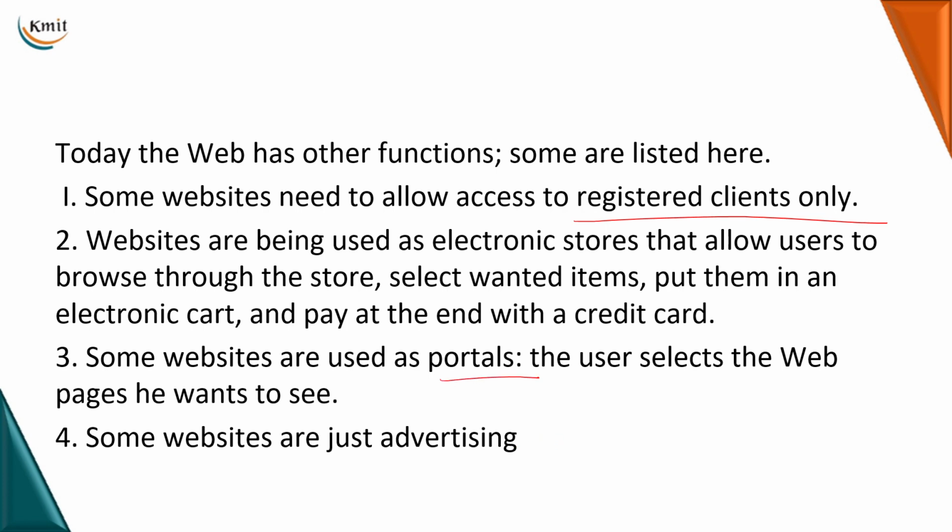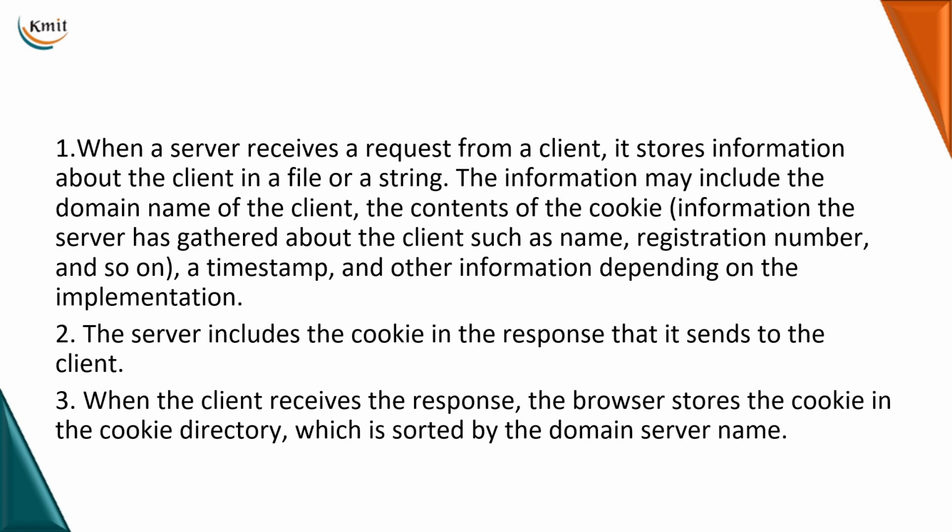For all these things, we need an entity called a cookie, wherein when a server receives a request from the client, it stores information about the client in a cookie, in a file or a string. This information may include information gathered about the client such as the name, registration number and so on.